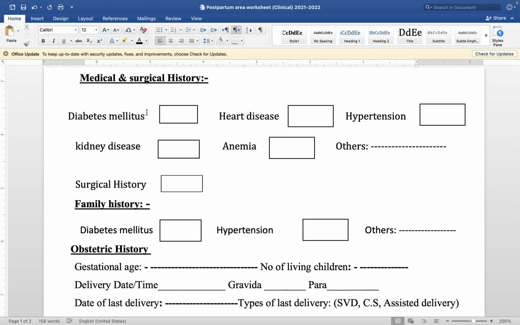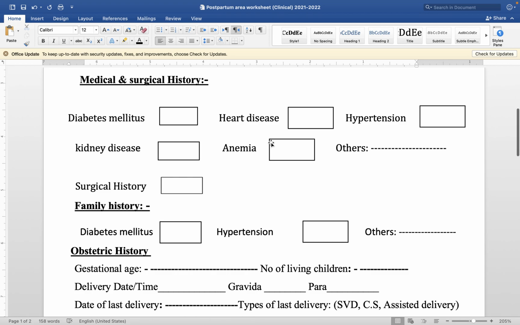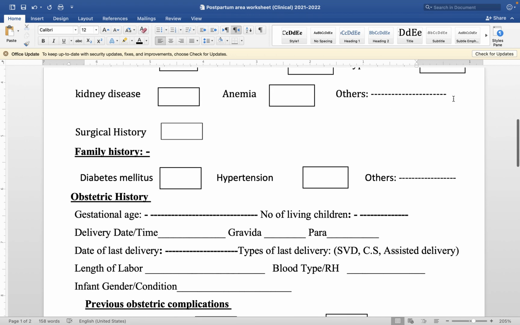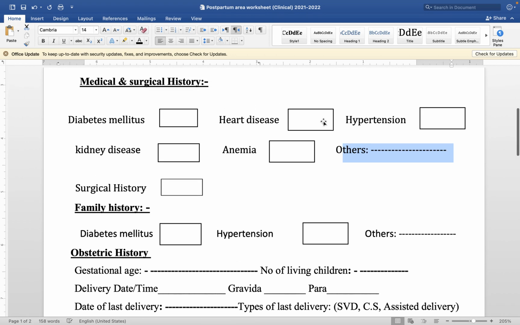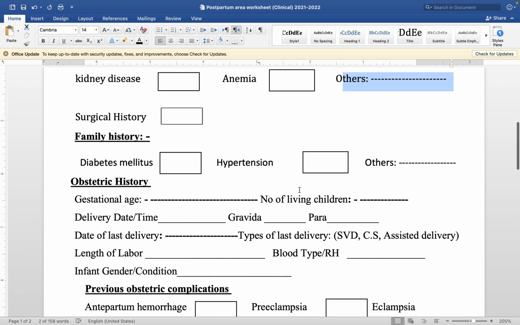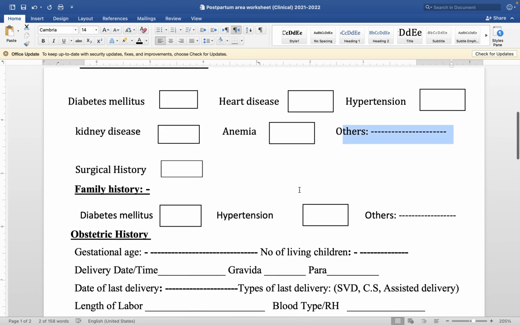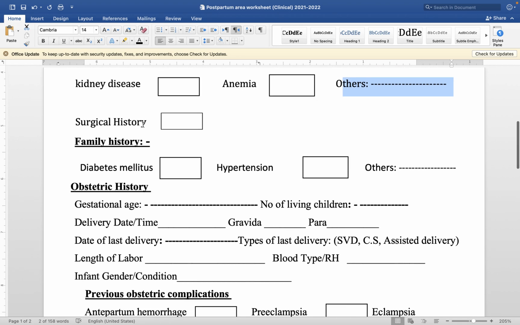Okay, so medical surgical history, we're just giving you examples. Diabetes mellitus, GDM, heart disease, hypertension, anemia, or kidney disease, and also we're giving you an option of others, which means she might have another medical condition. It's not listed over here, and the conditions listed here are just to help you understand what we are talking about.